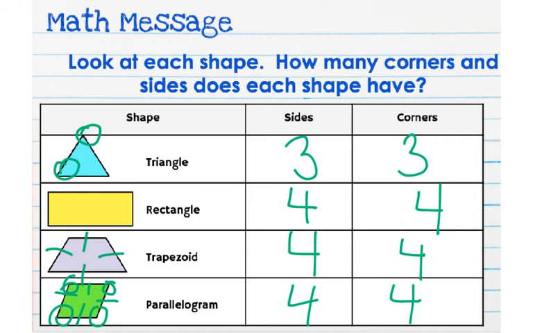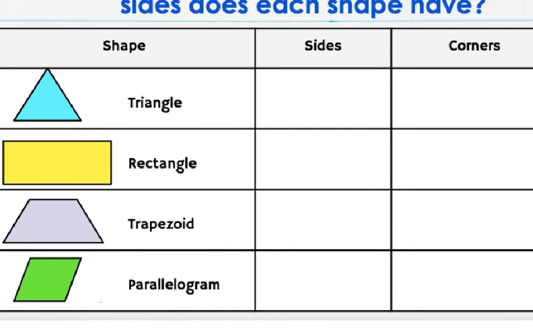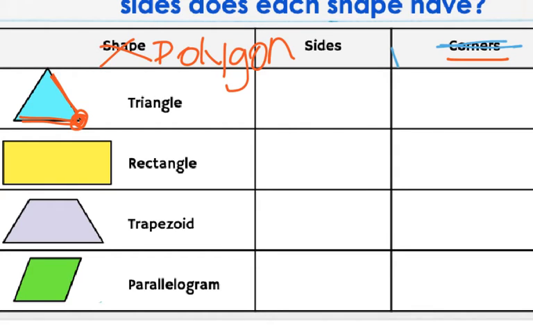So if we go back to our math message, we can see that each of these shapes, or now as we call them, polygons, have sides where 2 sides meet to make a corner. And now we know that instead of calling them corners, we can also call them angles. And we can see that each of our shapes has angles.